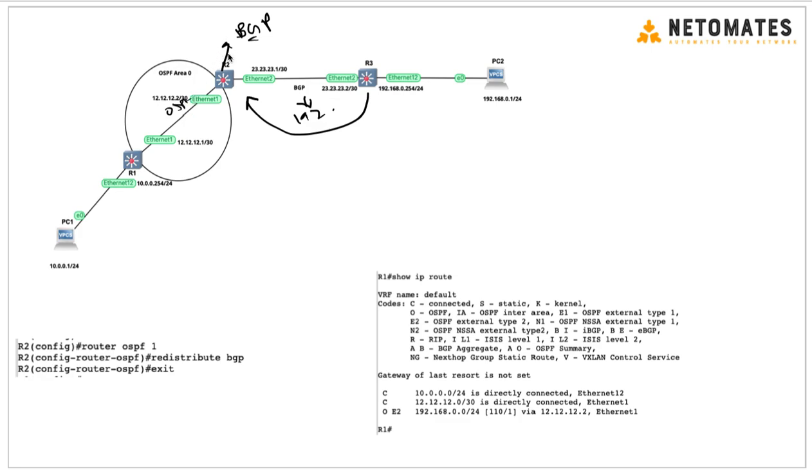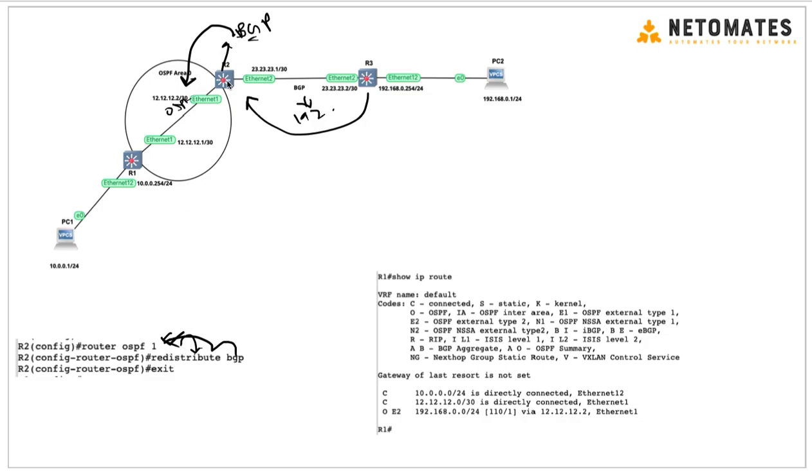So in this case, whatever routes you learn from BGP, redistribute into OSPF. That means in the configuration we need to go into R2's router OSPF process and tell OSPF to add whatever routes you are learning from BGP into OSPF.